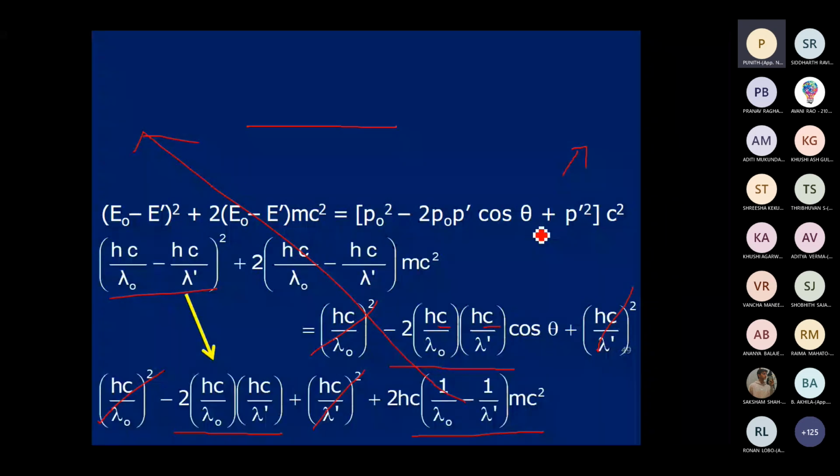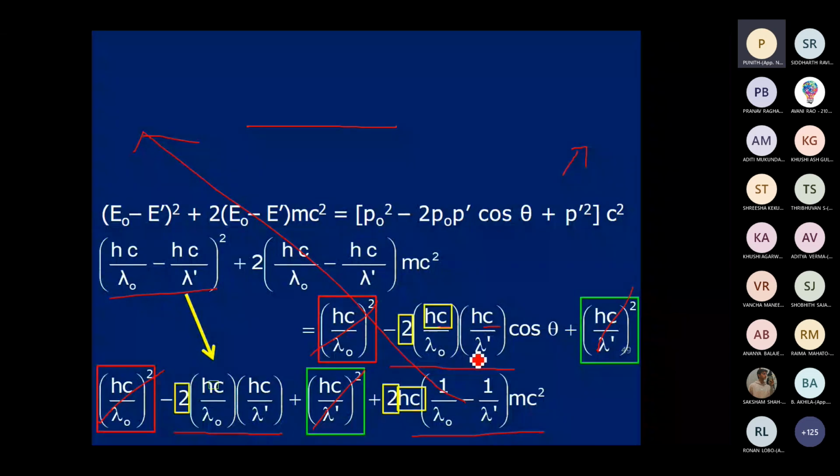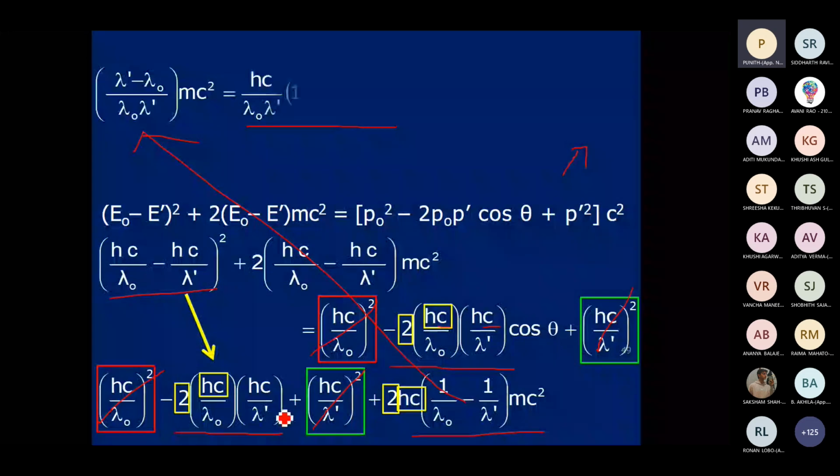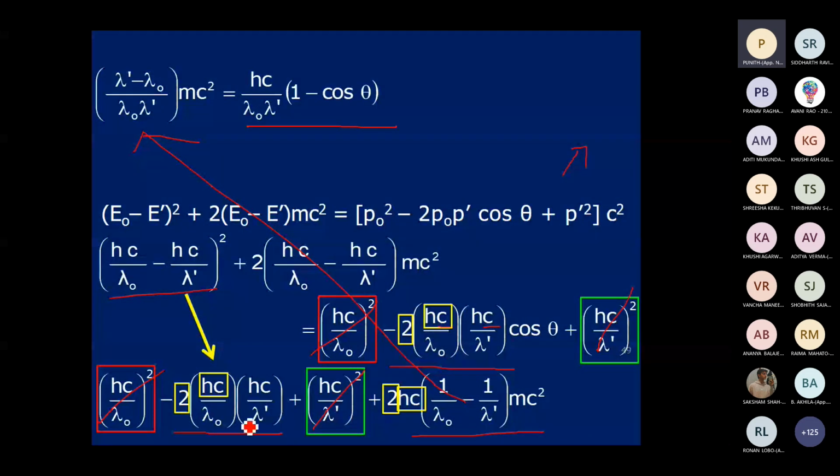For example, the red one and the green one get cancelled, and the 2hc is common, that also gets cancelled. Then you are left with hc by lambda naught lambda dash times 1 minus cos theta on one side, and (lambda dash minus lambda naught) mc square by lambda naught lambda dash on the other, and again these two terms get cancelled. You will get the equation.